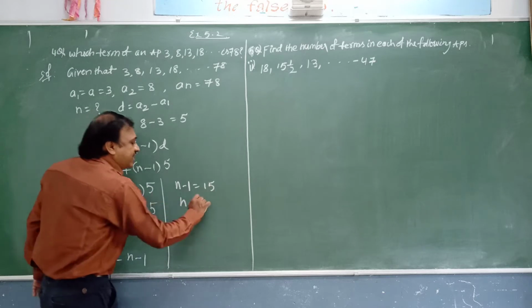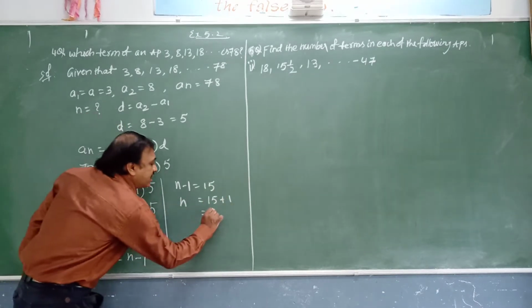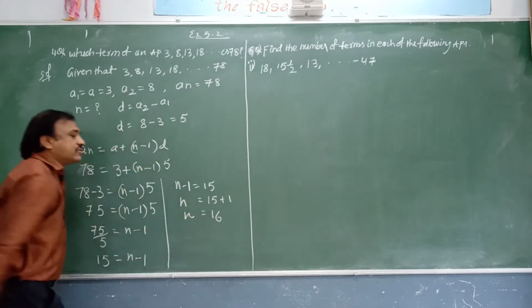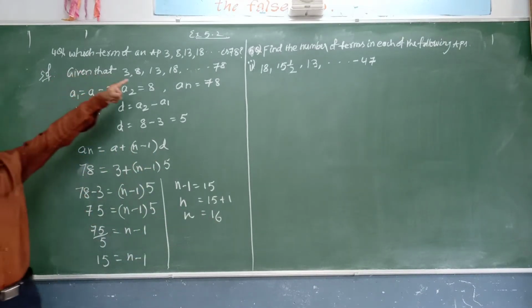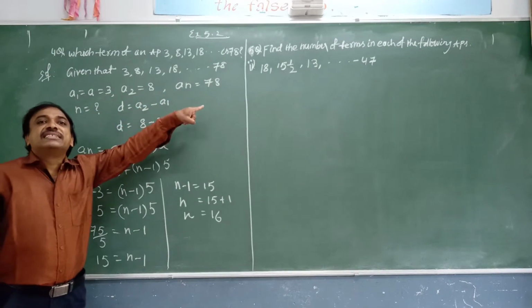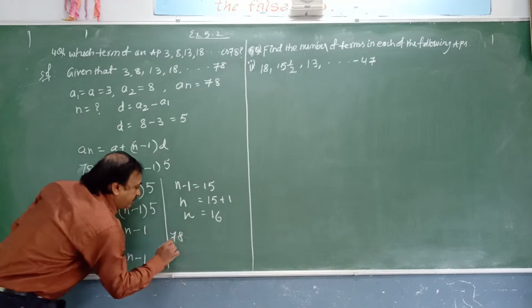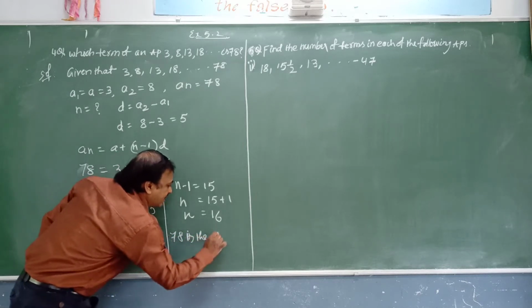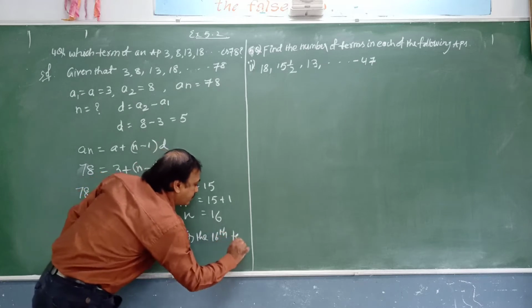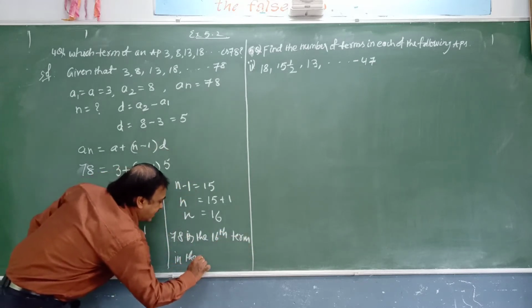Transpose this minus 1 to this side: 15 plus 1 is 16. So n is equal to 16. That means the 16th term of this arithmetic progression is 78. So 78 is the 16th term in the series.